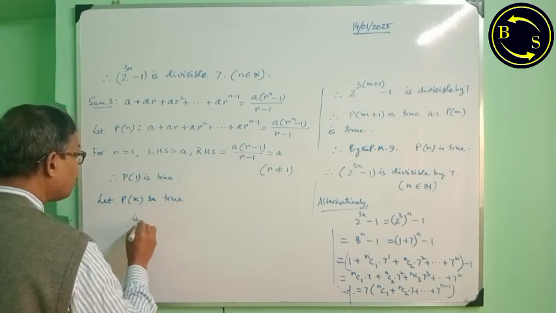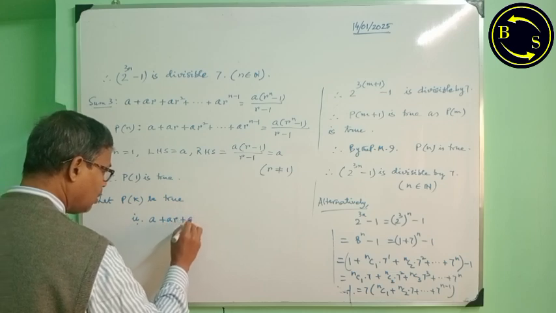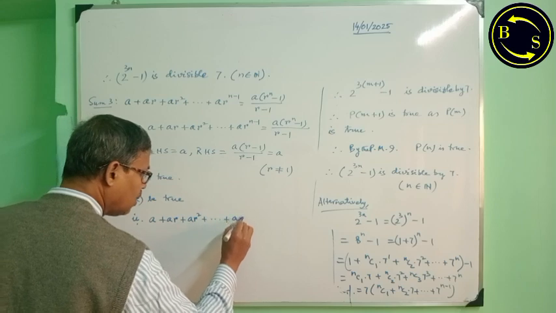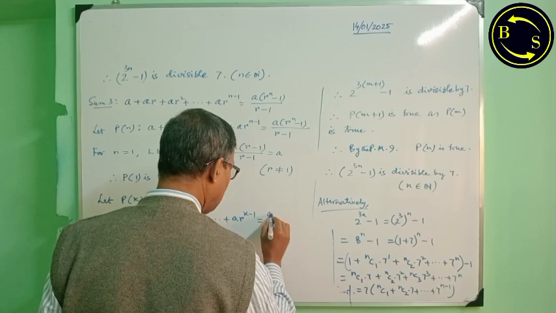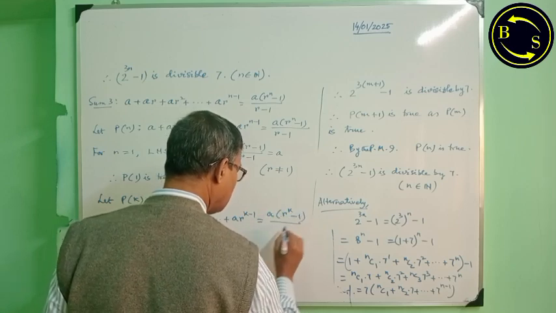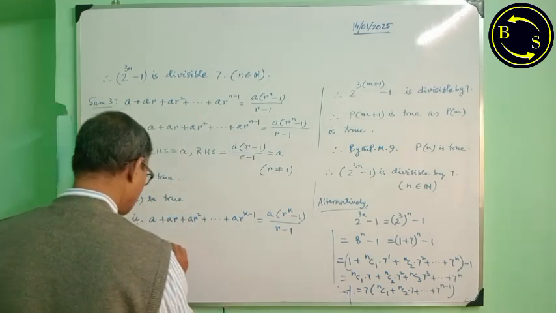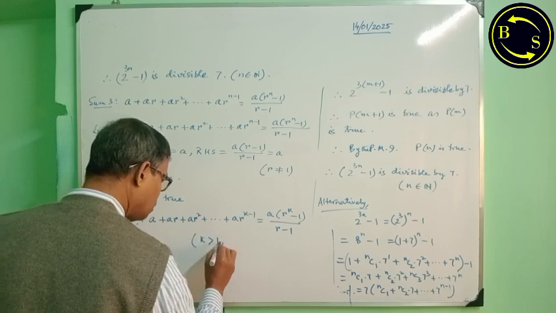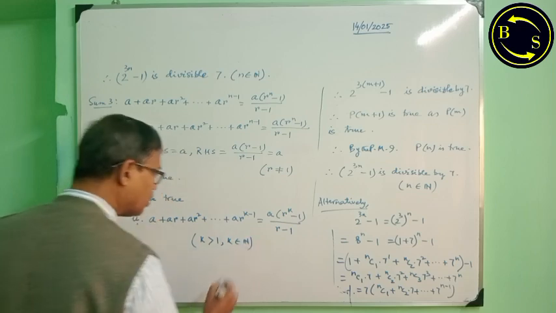That is A plus AR plus AR square dot dot dot AR to the power k minus 1 is equal to A within brackets R to the power k minus 1 divided by R minus 1, k is greater than 1, k belongs to the set of natural numbers.